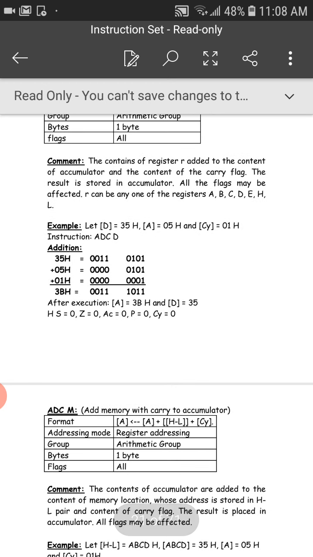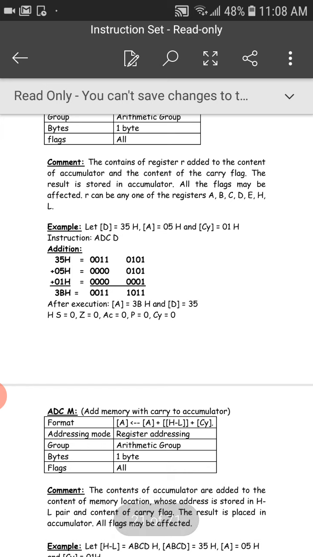So example, D is equal to 35H, A is equal to 05 and carry is 1. Then the instruction ADC D performs the following. For 35 the binary is 00110101 and for 05 the binary format is 00000101, and after adding the carry, you know how to perform addition of binary numbers.